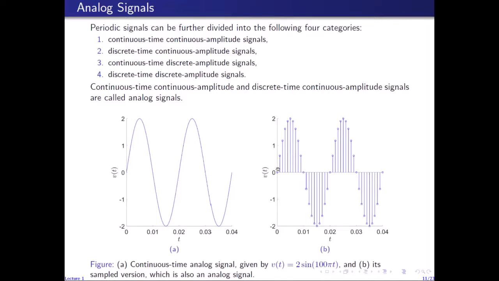Although it looks discrete, it is still an analog signal. Do not get confused with the samples in the time domain. It is still an analog signal because its amplitude is varying continuously.